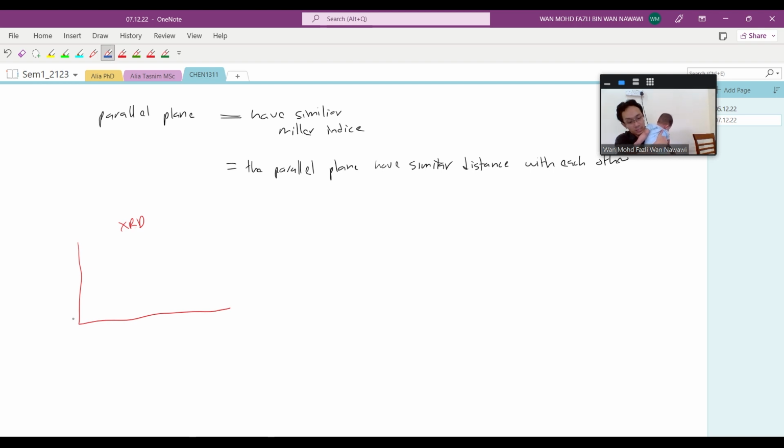Some of you drew something like this, and if you realize, there are numbers here, 112, 113, 114, whatever numbers, in brackets.